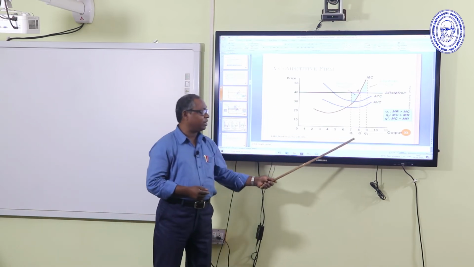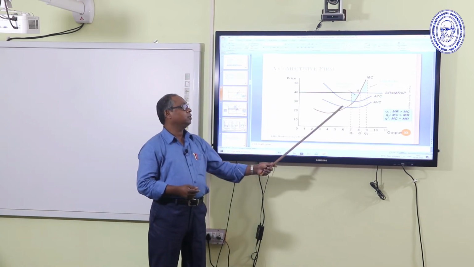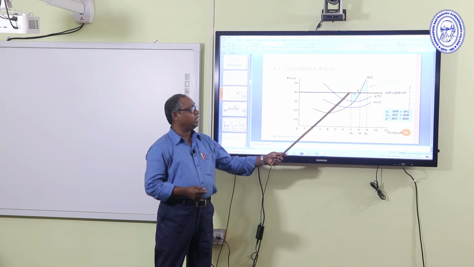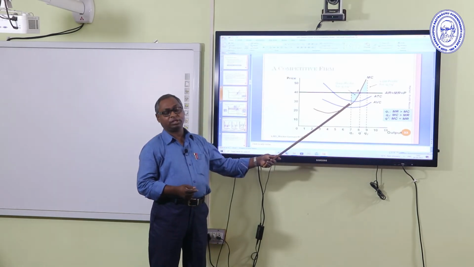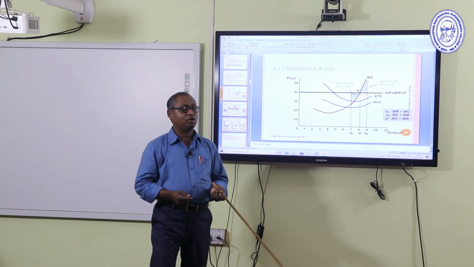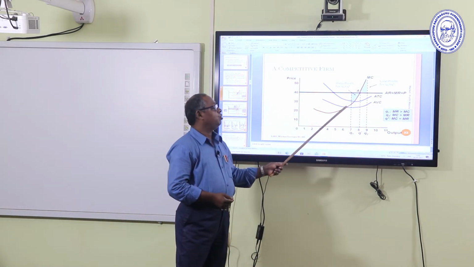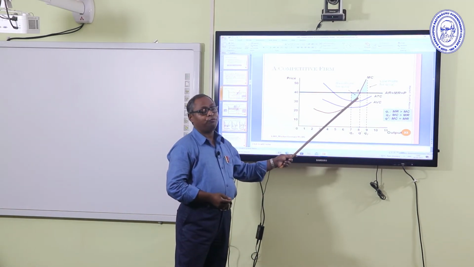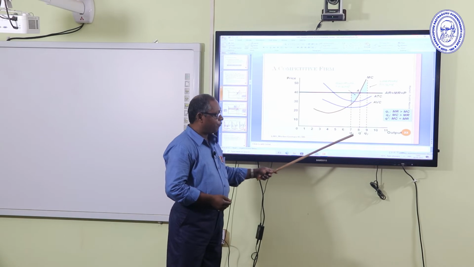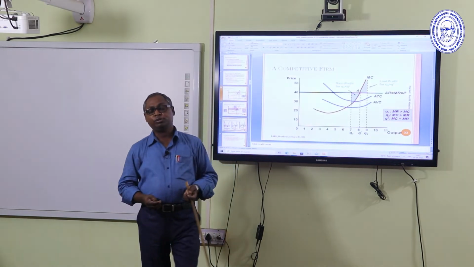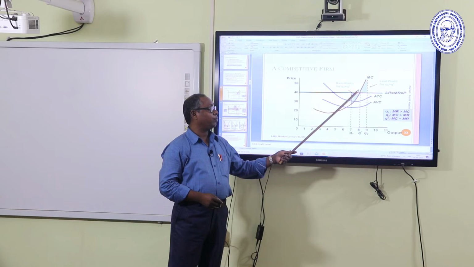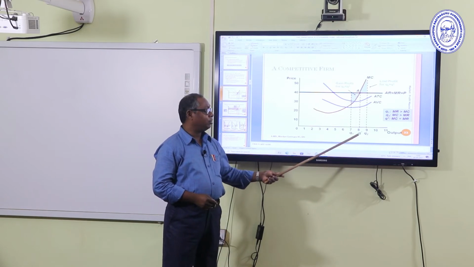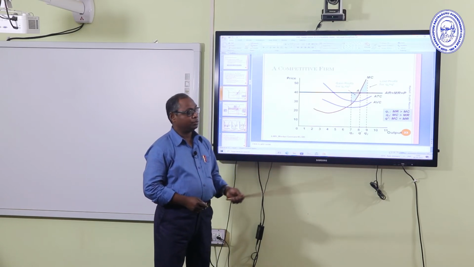For example, if we are here at Q1 at 7, what will happen? Here AR is greater than cost, marginal revenue is greater than marginal cost or average cost. So we want to move further to have more profit, and we increase output, and this will continue till point A is reached, or output Q star is reached.